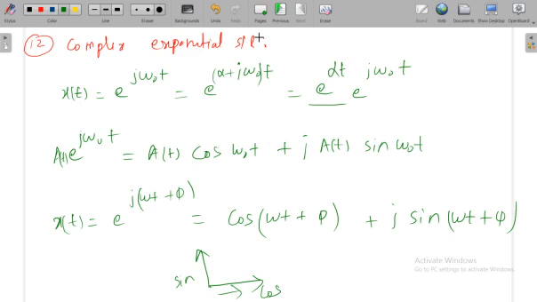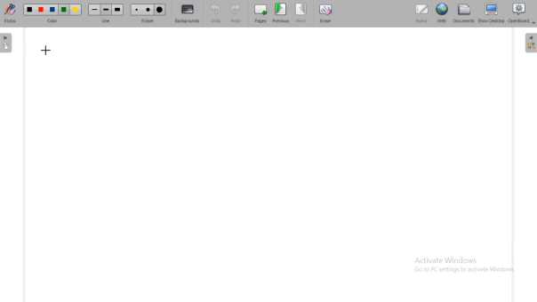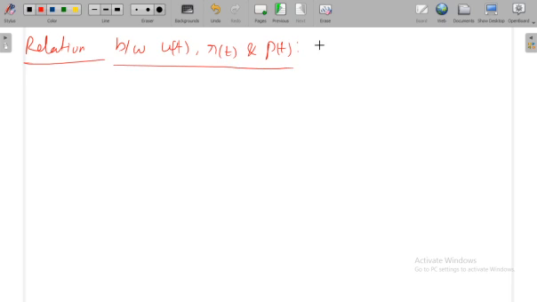Okay, then what is the relationship between all the signals? The relation between u of t, r of t and p of t. What is the relationship between the basic signals? And also I think del of t should come; something they missed, yes, with del of t.